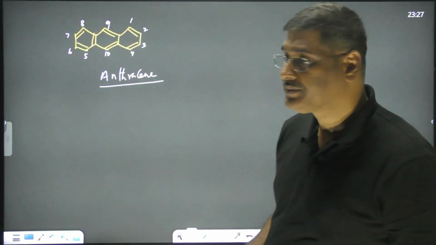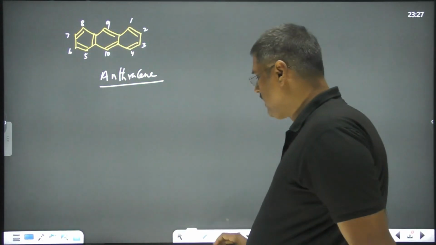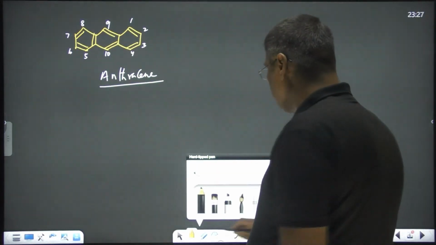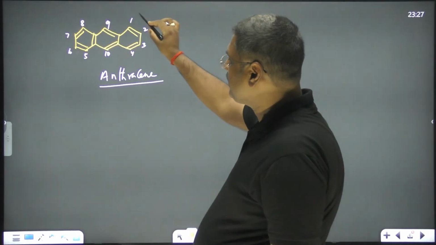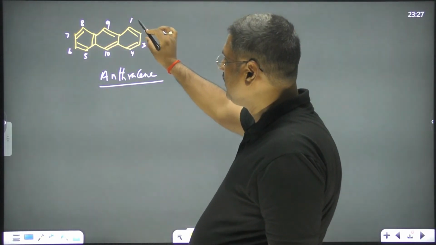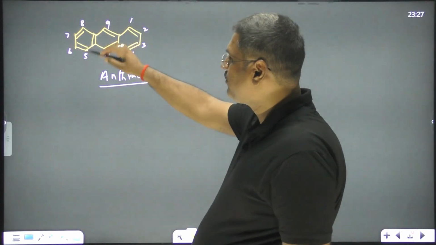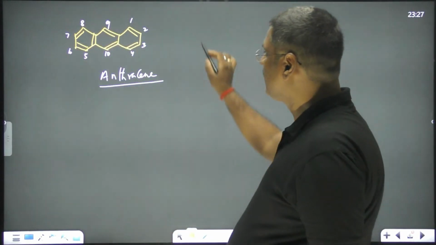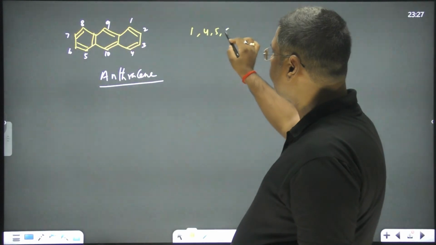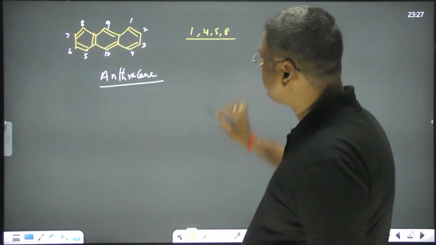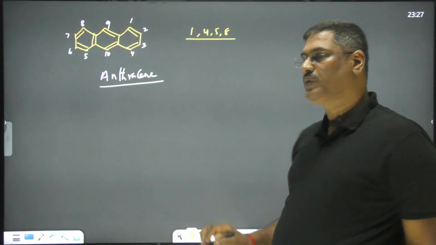In this case also you have 3 sets of positions. If the substituent is there on 1 or 4 or 5 or 8, all are 1. 1, 4, 5, 8, all these are equivalent sets. We say alpha.